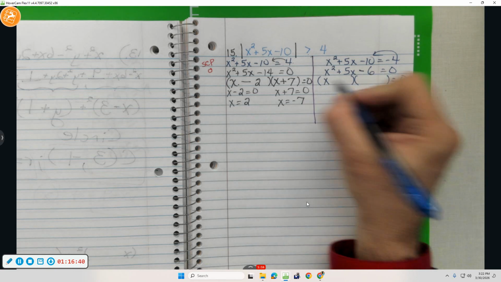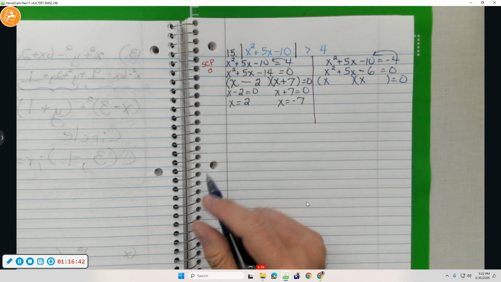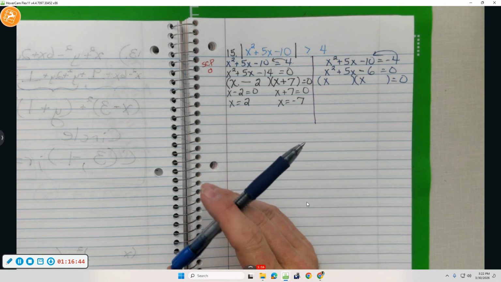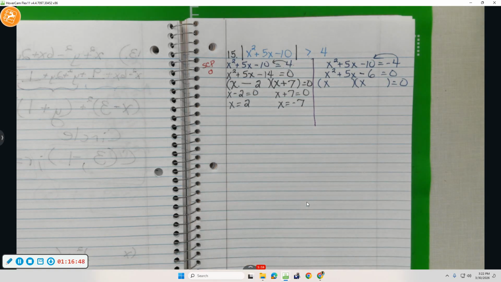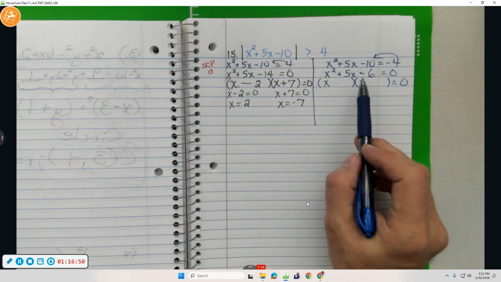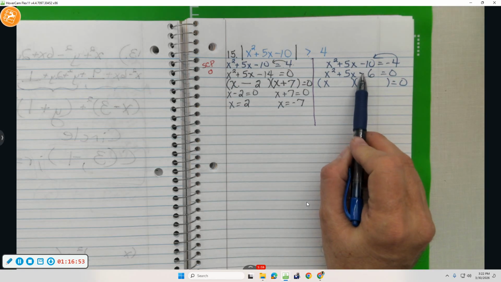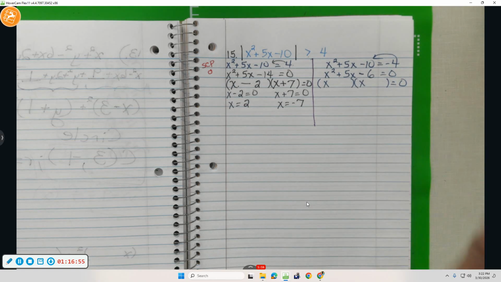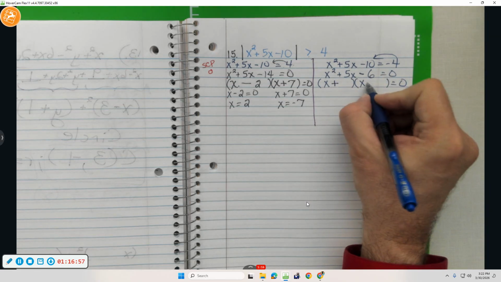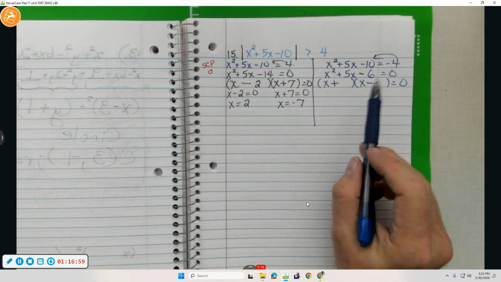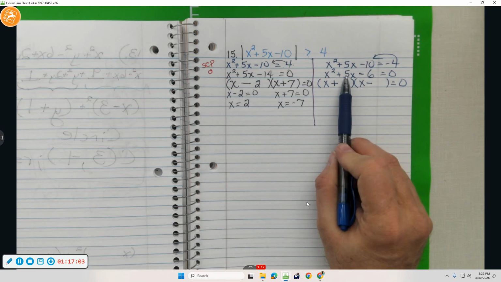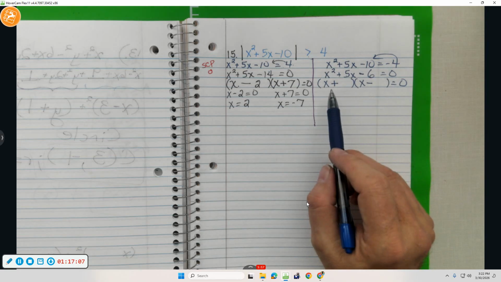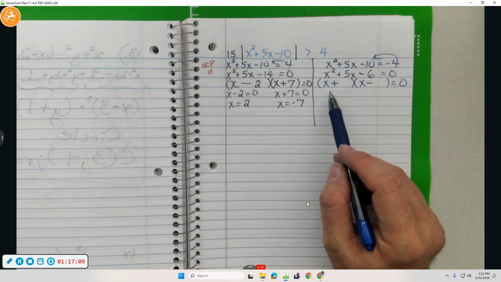So x and x. 1 times 6 or 2 times 3. At first, think about the signs. I'd write in a plus and a minus. So these two numbers I choose are going to have to subtract to give the middle term. So I'll ask again: 2 times 3 or 1 times 6?